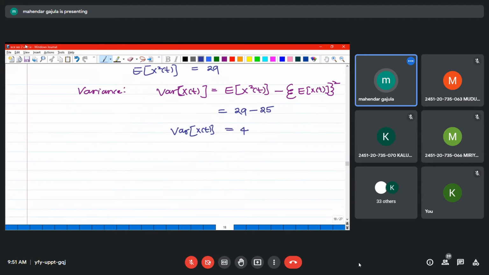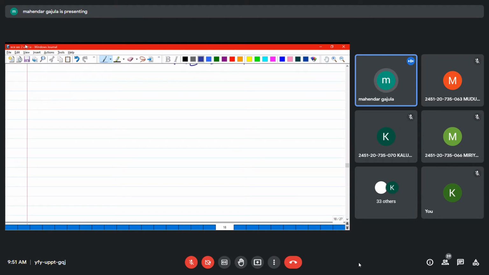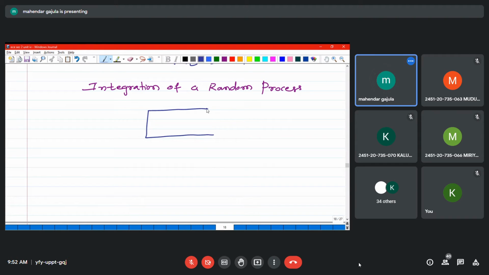The next one is integration of a random process. See, there is a block. This is a system that performs integration.